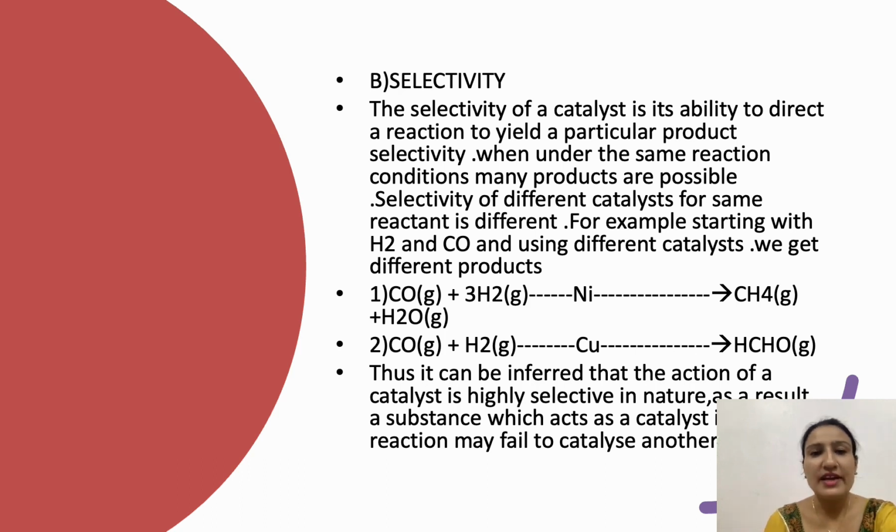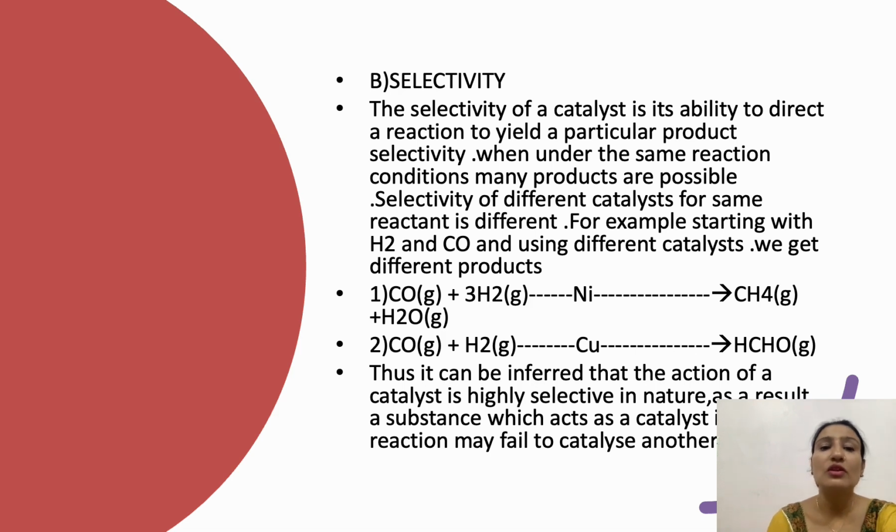Carbon monoxide, when it reacts with dihydrogen in the presence of a nickel catalyst, gives us methane and water. But when carbon monoxide reacts with dihydrogen in the presence of a copper catalyst, it gives us an aldehyde, formaldehyde.